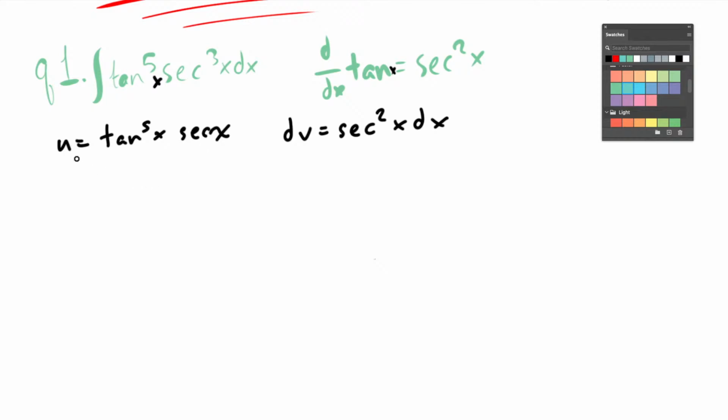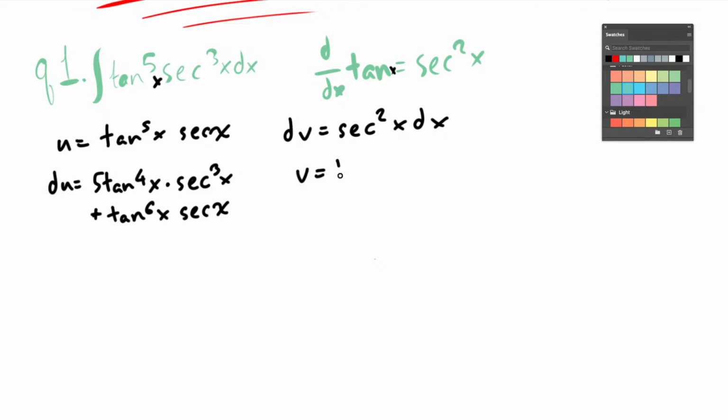Okay, so now this would be much more fun to do. 5 tangent 4x times secant cubed x plus tangent to the 6x secant x, and v equals a nice tan x.